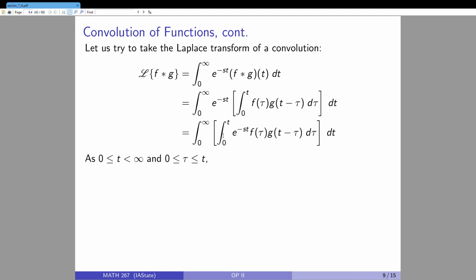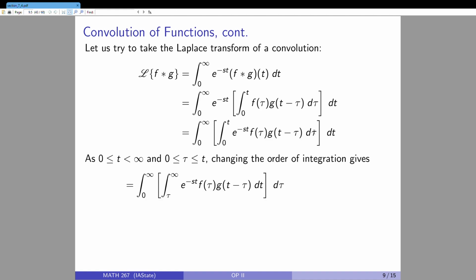But where does t run? Well, t, as I just noted, will run from 0 to infinity, but t will always have to be bigger than tau, right? That's how this is set up in here. So if I swap the order of integration, I'll have a d tau on the outside, a dt on the inside. Tau runs from 0 to infinity. T runs from tau to infinity. Ooh.